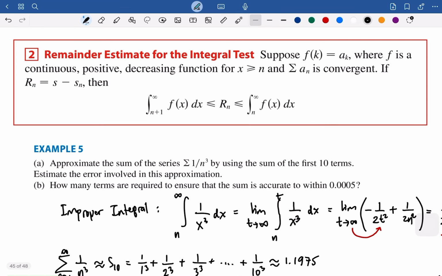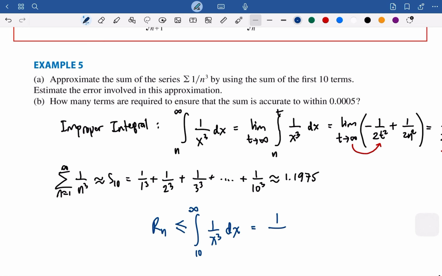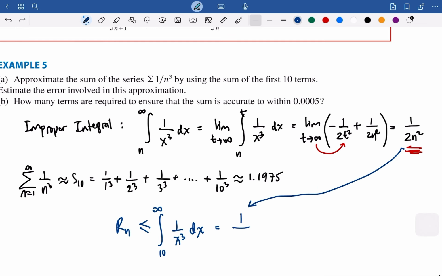And from the remainder estimate, our remainder should be less than or equal to the integral, or let me just write f(x) as the function, so 1 over x cubed dx. Okay, and this will be around 1 over 2 times 10 squared, or this will be 1 over 200. So this will be the size of error.